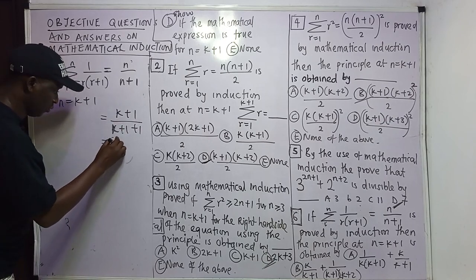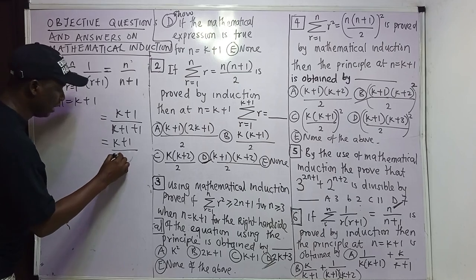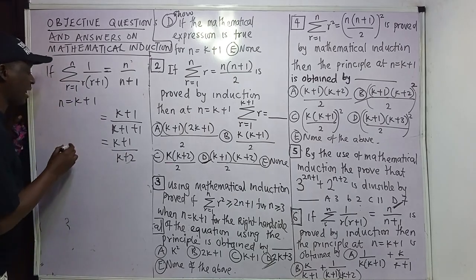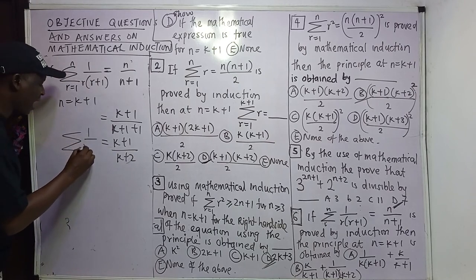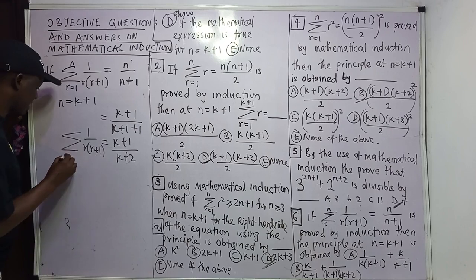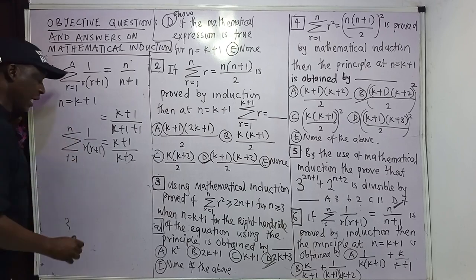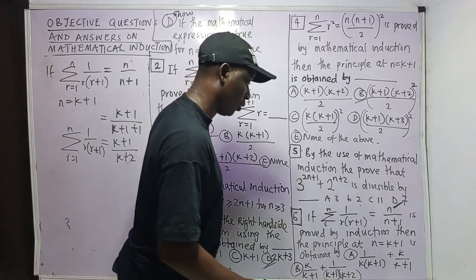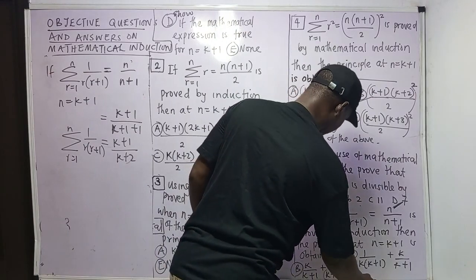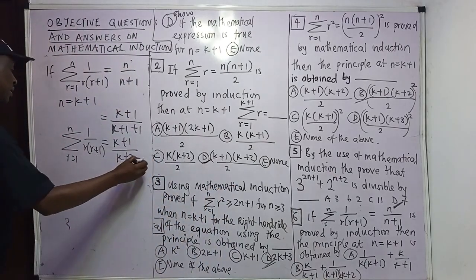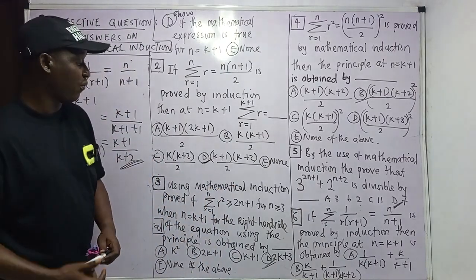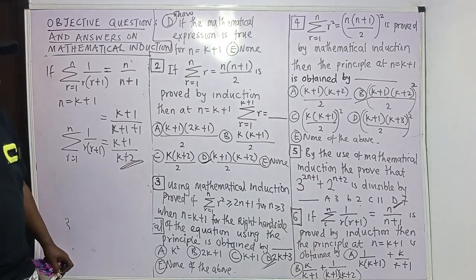So we have k plus 1 over k plus 2 as our answer on the right hand side of the sum of 1 over r into r plus 1, starting from 1 and ending with n. The option is not complete, but that is the right answer to that question: k plus 1 over k plus 1 plus 2.